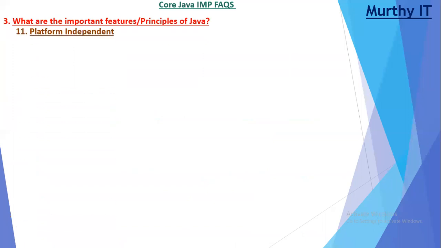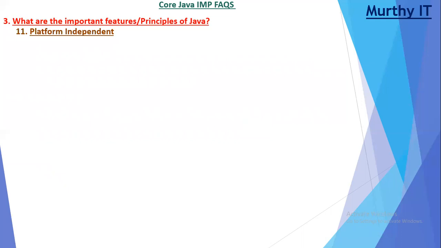Next, platform independent. If you develop a Java application in the Windows operating system, and it is able to execute in another operating system, that application is called a platform independent application. By using Java, we can develop platform independent applications.